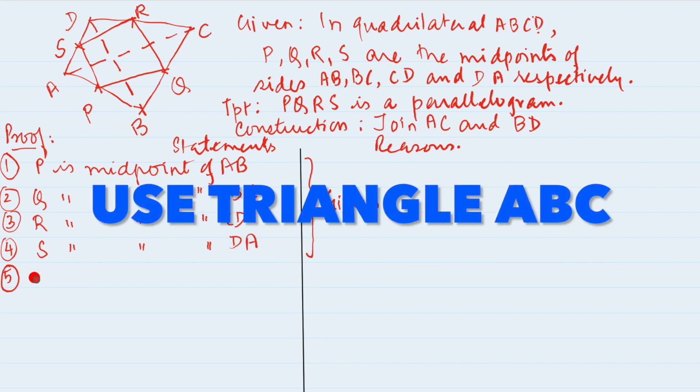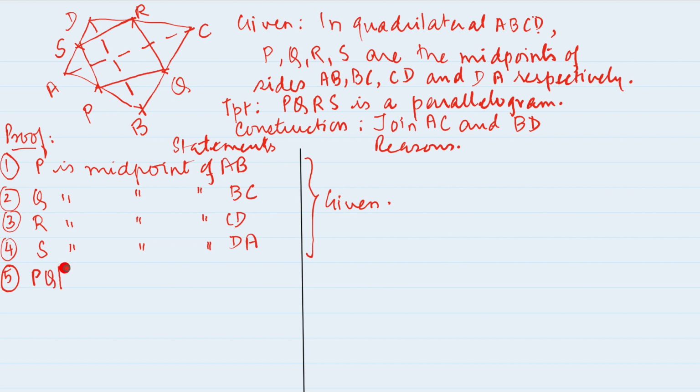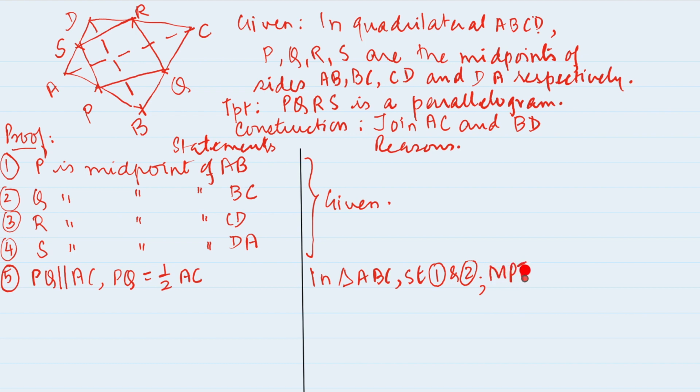So I will have therefore PQ parallel to AC and PQ will be equal to half of AC, and this will be in triangle ABC. From which 2 statements? P and Q midpoints means statement 1 and 2 and midpoint theorem.